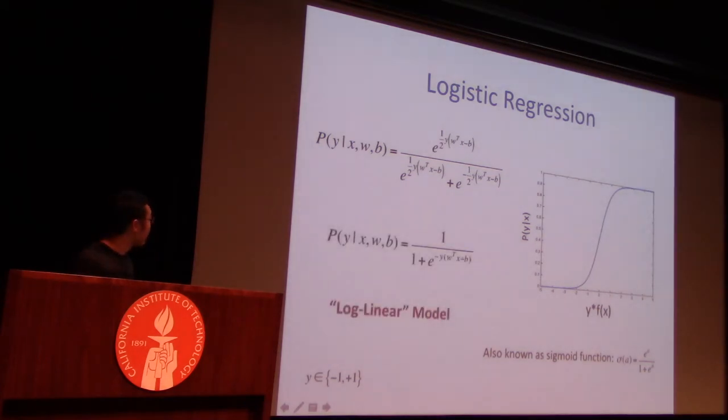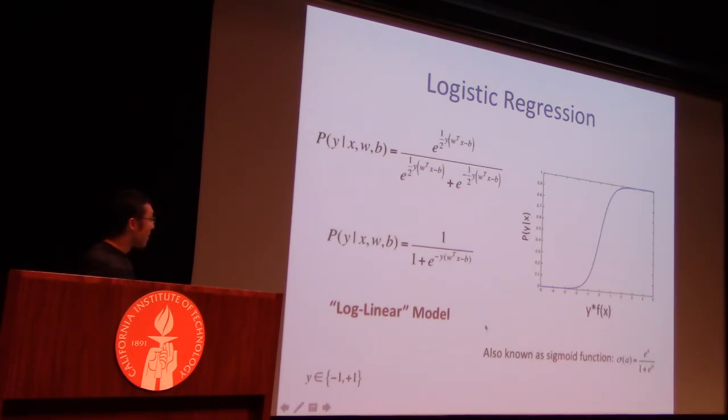We can also write it in this form. If we simply divide the numerator and the denominator by this quantity, we get this formula, which is much more familiar to most people in the machine learning community. This is the standard formula people use in logistic regression, although I think the first one, in some ways, makes more intuitive sense.